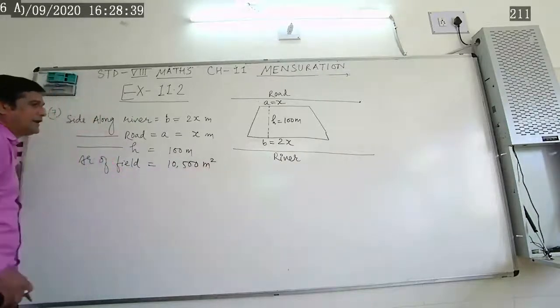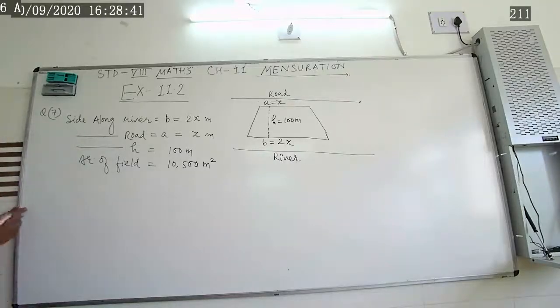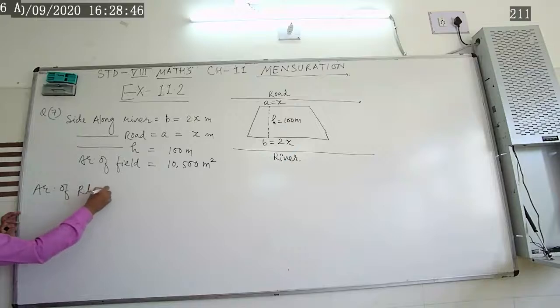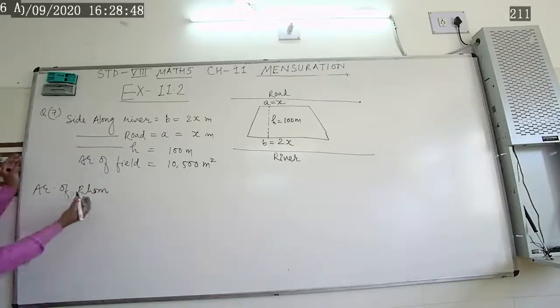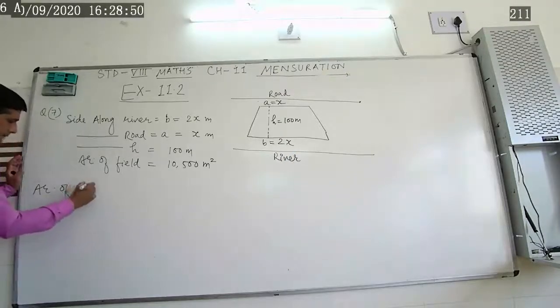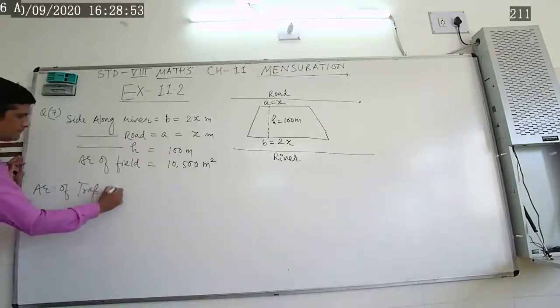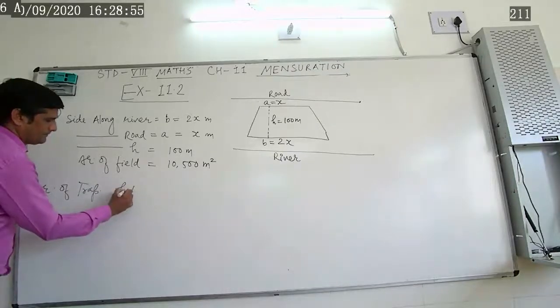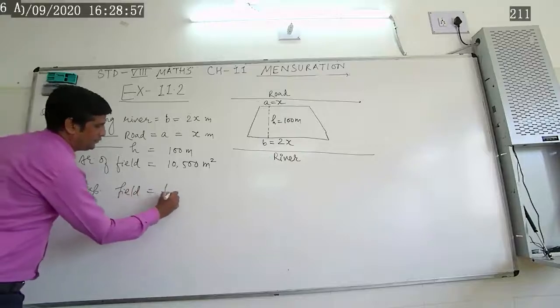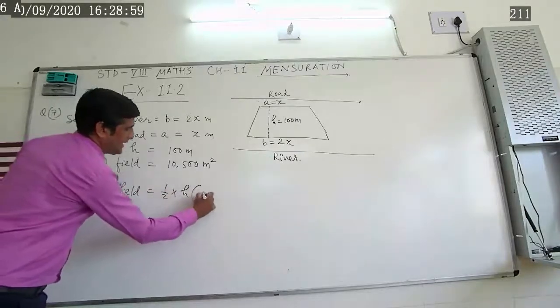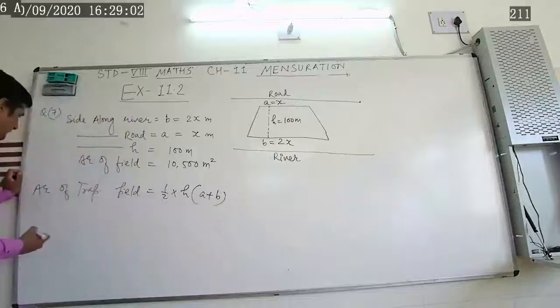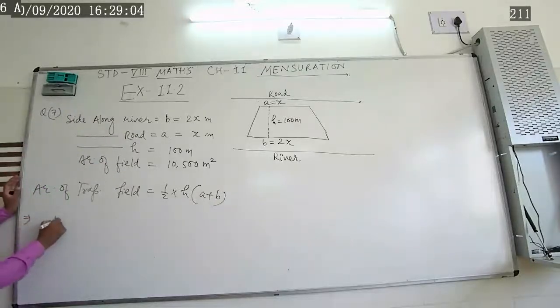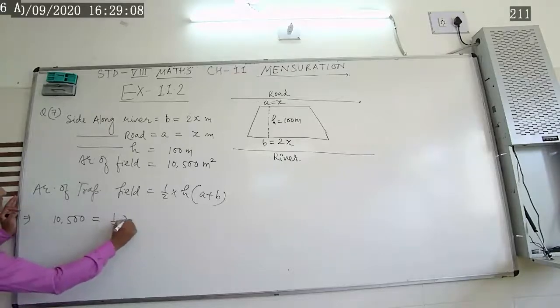It is also mentioned. So the area of the trapezium field is 1 by 2 h into A plus B. So the area value is given: 10,500 is equal to 1 by 2 into h 100 into A plus B.